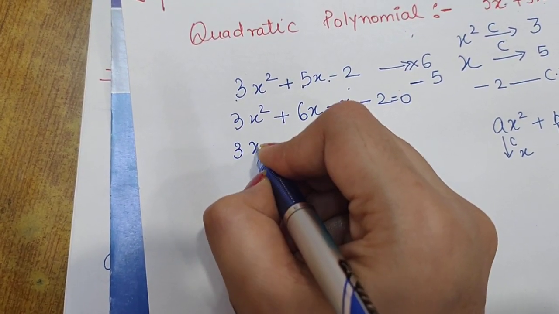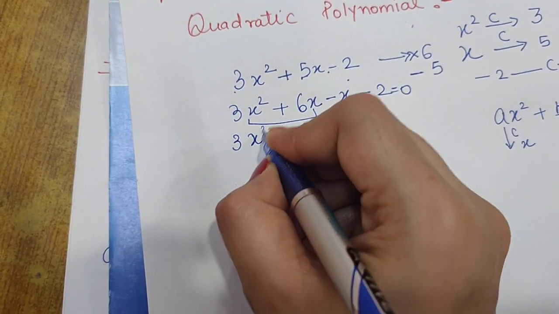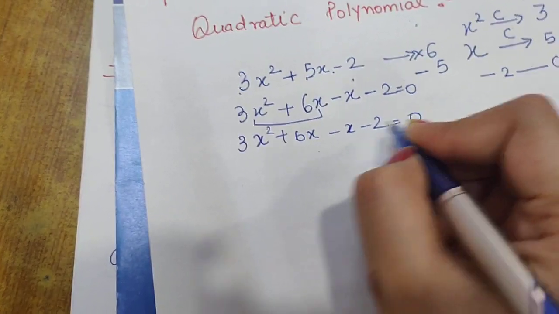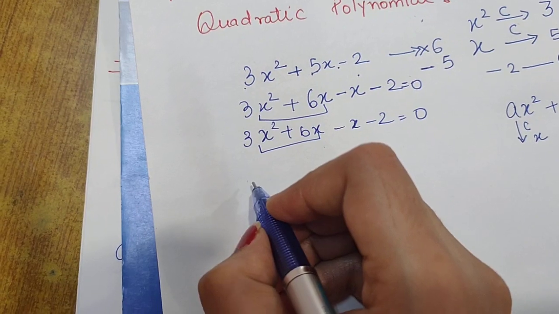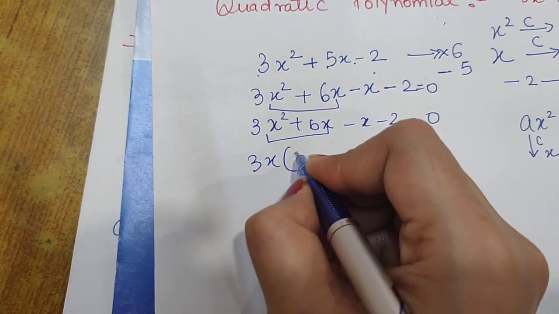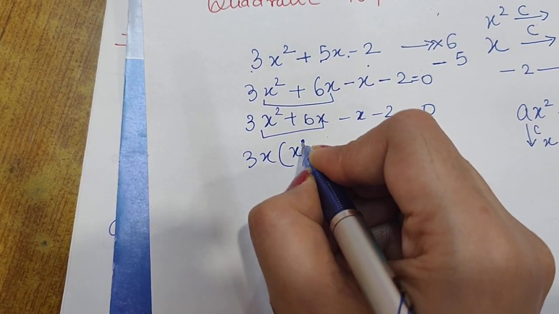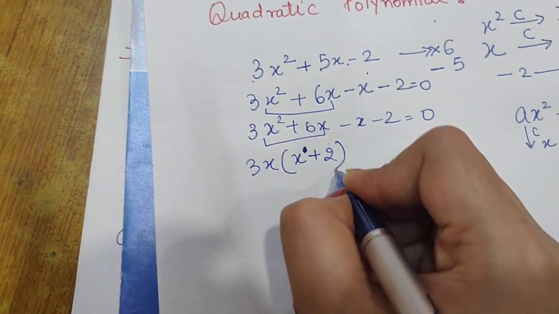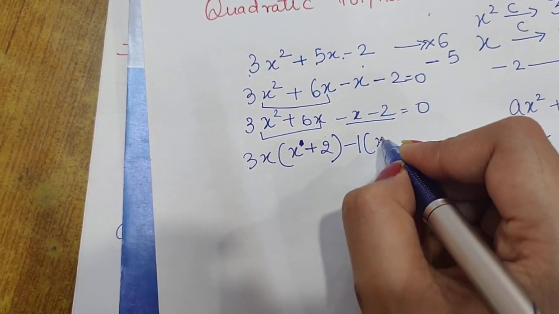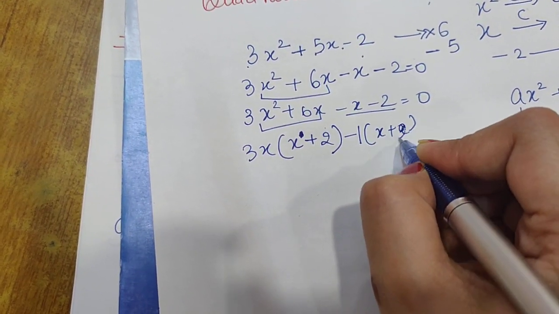Now you take these two pairs. What can we take common from these two terms? 3x. So here will be x plus 2. And what can we take common from these two terms? Nothing, only minus 1. So here also will be x plus 2.